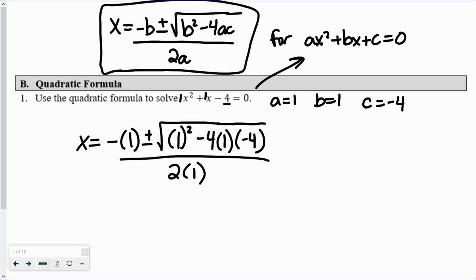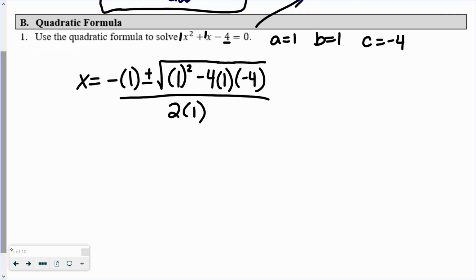Now, I would like to give us all the benefit of the doubt and say we are amazing at calculators and we can punch this all in at once. But in my vast experience, we are not all amazing at calculators and we struggle to punch it all in at once. Plus, we kind of want to get our exact answers for this. So I would say start simplifying things. All right. So -1 plus or minus, 1 squared is 1.